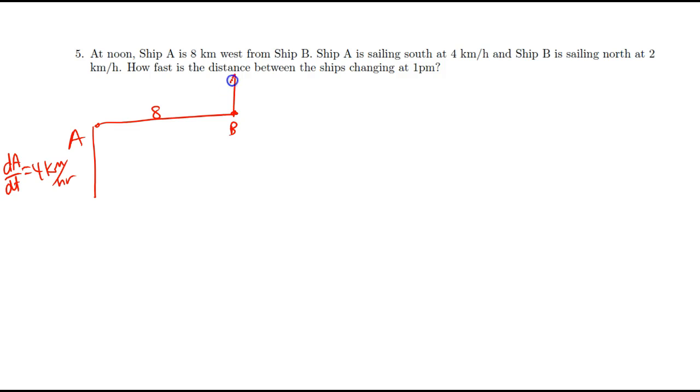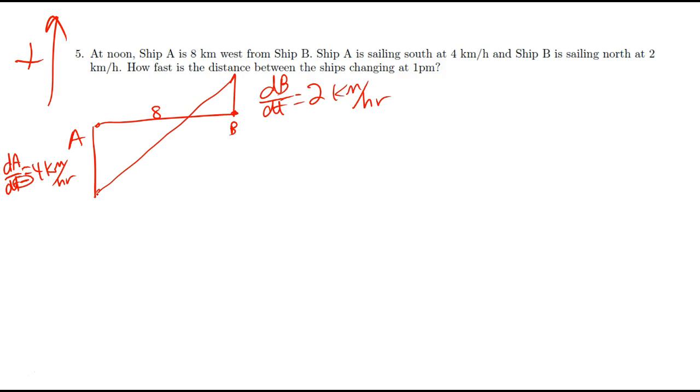B is traveling north, and the speed, or the rate of change, is a derivative. dB/dt is 2. Now, let's define this as positive, so this 4 is in a negative direction. It says, how fast is the distance between the ships changing at 1 p.m.?